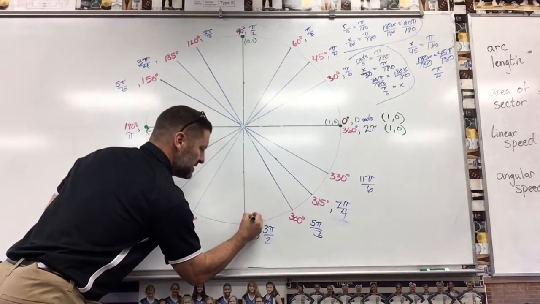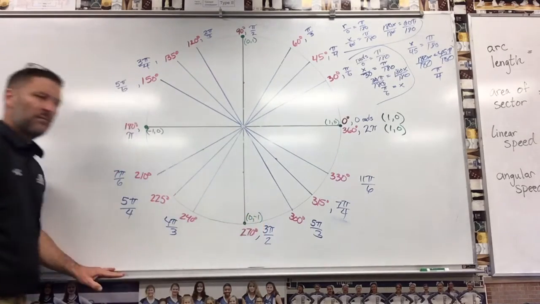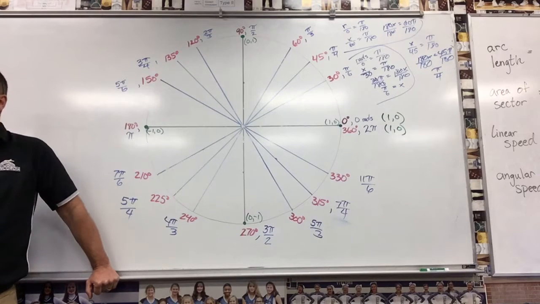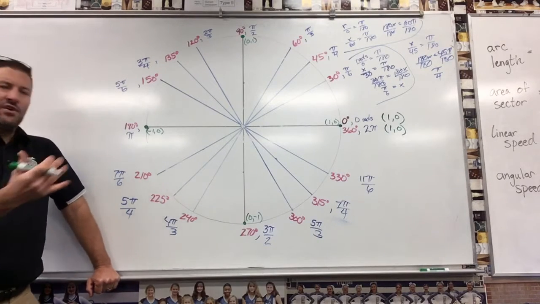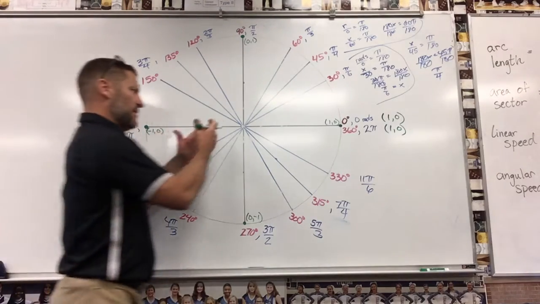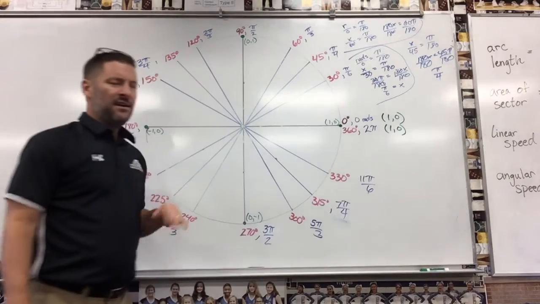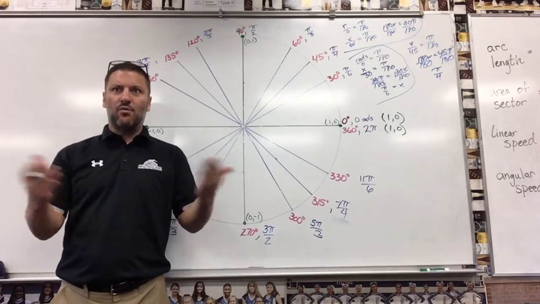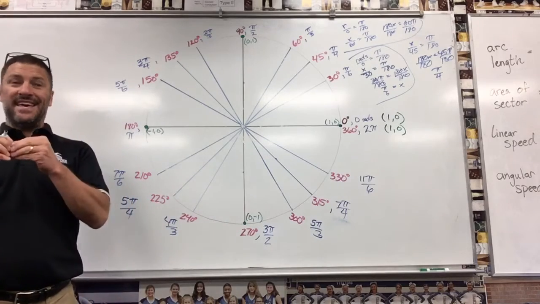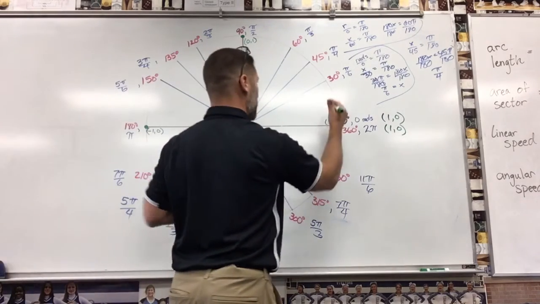Yep, that one is 0, -1. Now those are easy because the radius is the length of the unit. The radius is 1 unit long. And like I said, I know it's not like 1 inch or 1 foot or 1 yard on this picture, but we just assign the length of this to be 1 unit.